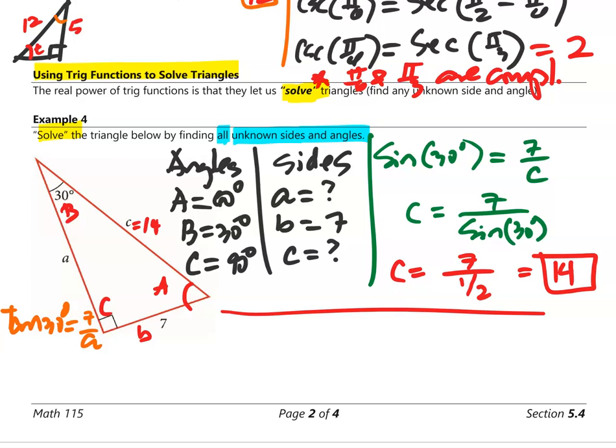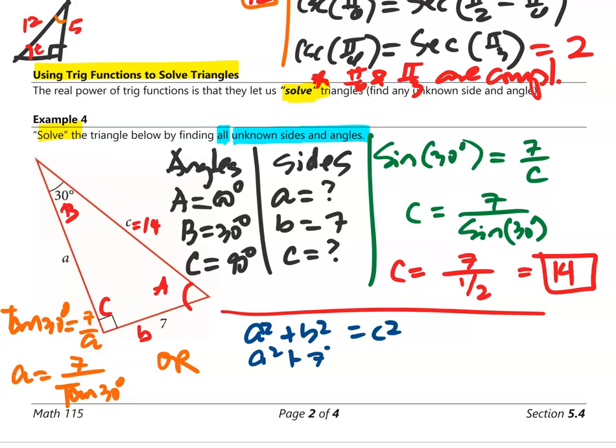And do the same thing, you'll be able to solve for a: 7 over tangent 30 degrees. Or you could use the Pythagorean theorem, a squared plus b squared is equal to c squared, to solve for the other side, which is a.